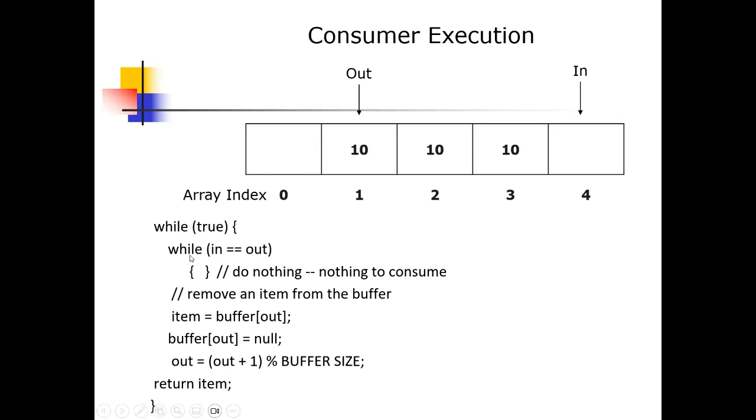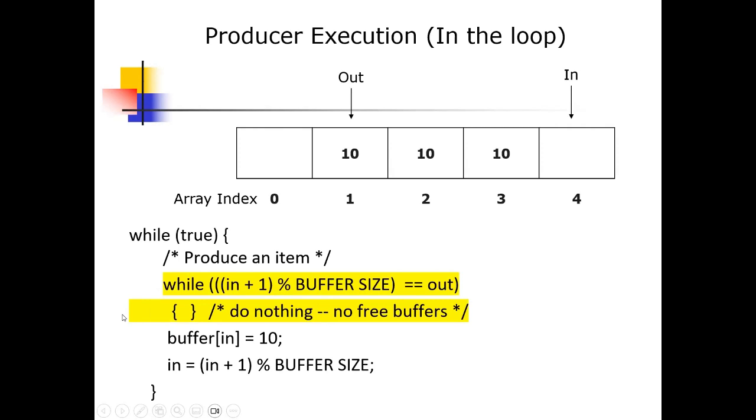So this while condition is false, right? Because in is 4, out is 1. So we remove buffer 1 and make this null, right? And out will be out plus 1 mod buffer size. So out would be 2, right?